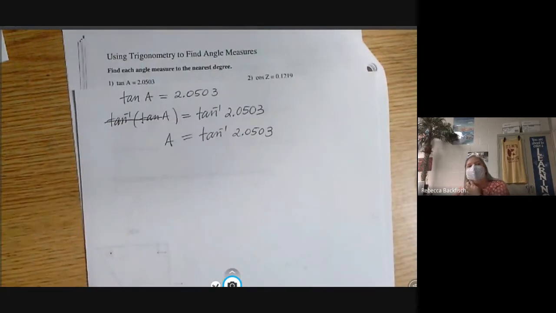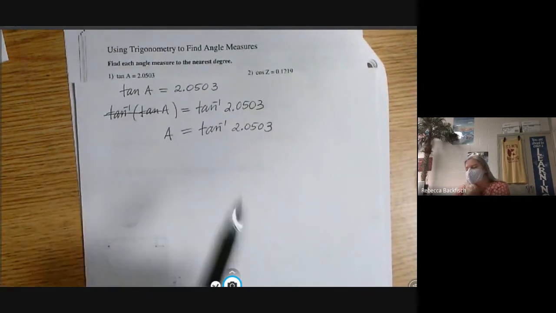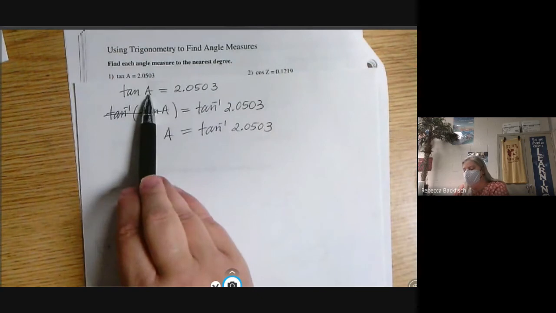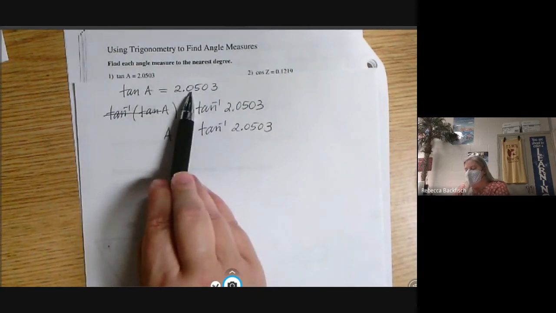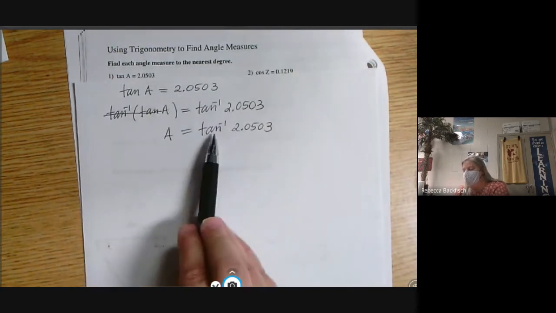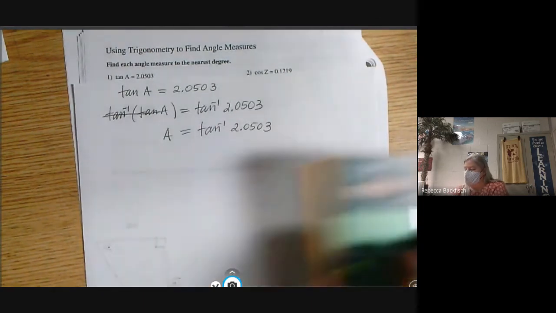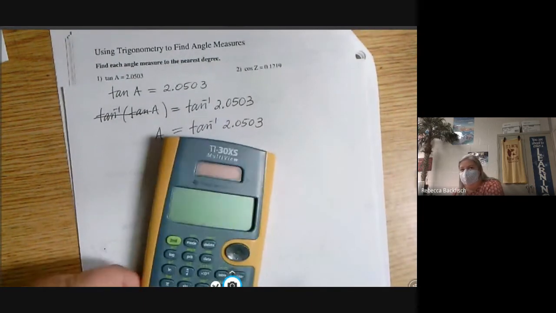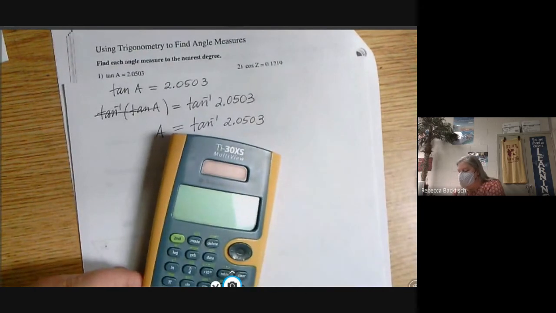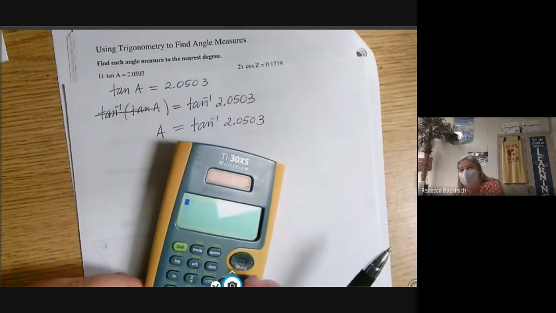So again, big picture, what you're doing here is it's like we're saying the tangent of some angle gives me this answer. What angle was it that gave me a tangent answer of 2.0503? That's what inverse does, it works backwards. It says, I'm going to type in the answer for the tangent, and you tell me what angle gave me that answer.